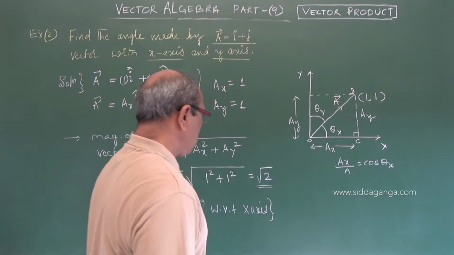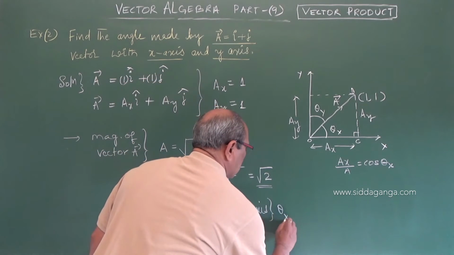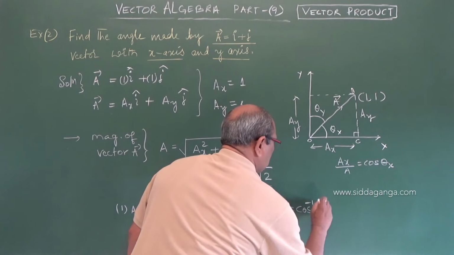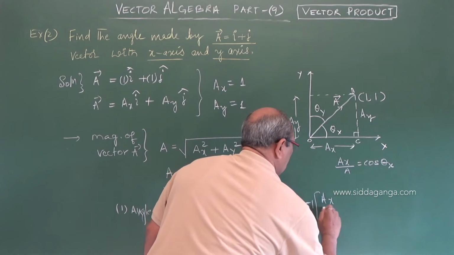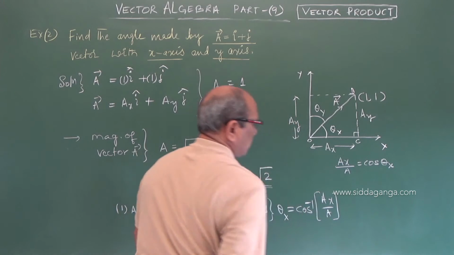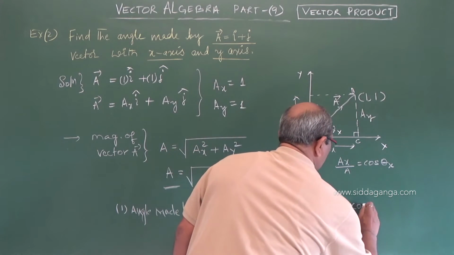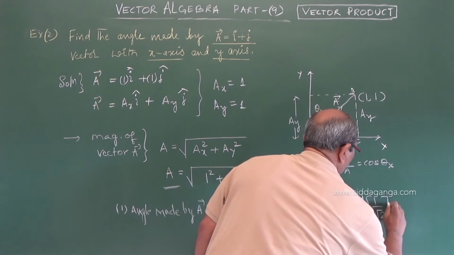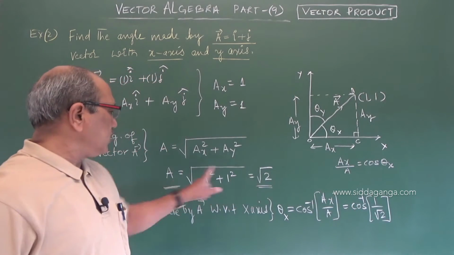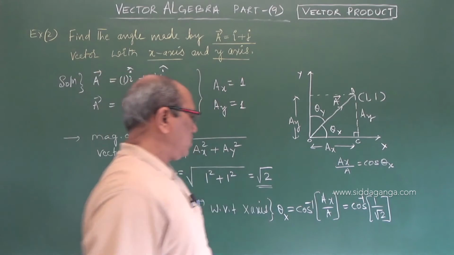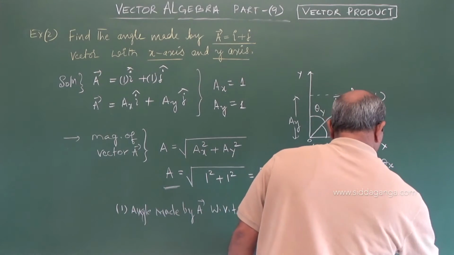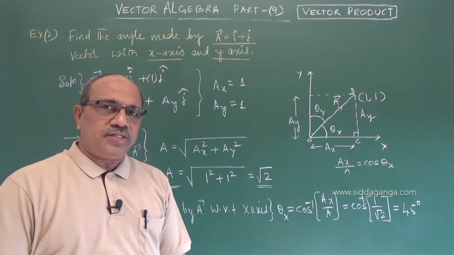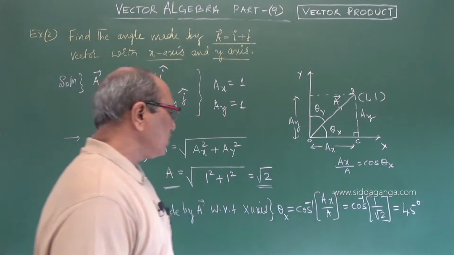Therefore, what can I write? Theta x is cos inverse of ax by a. So this is cos inverse of 1 by root 2. Root 2 is a, ax is 1. What we got is 45 degrees, because cos 45 is 1 by root 2.